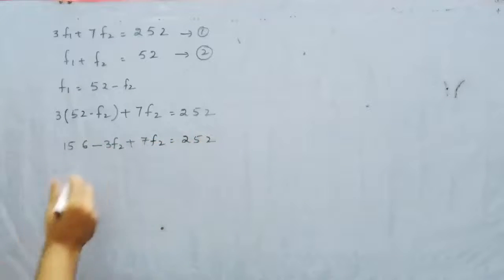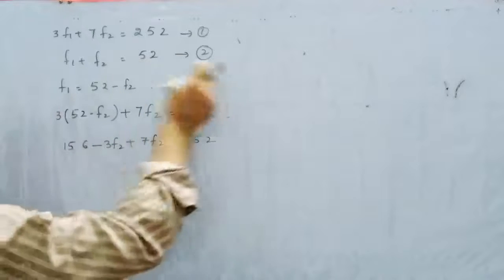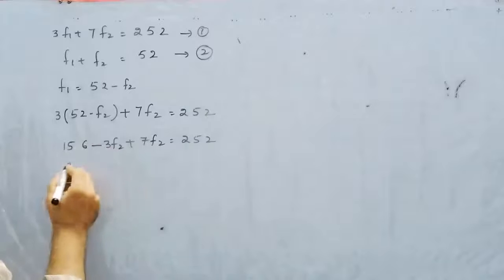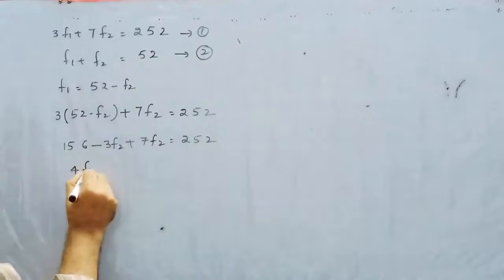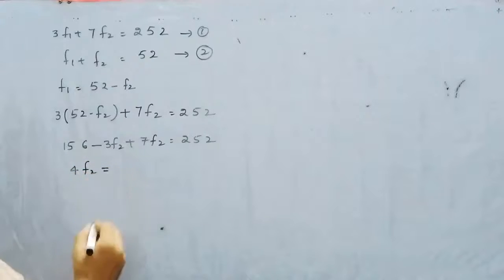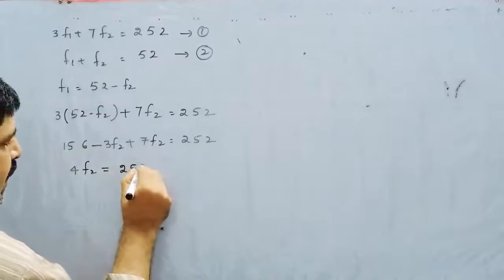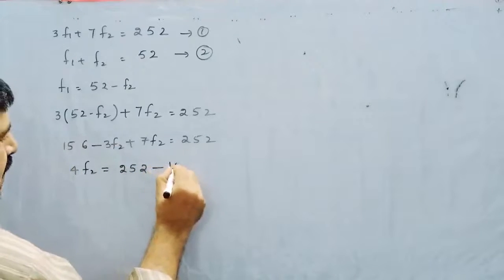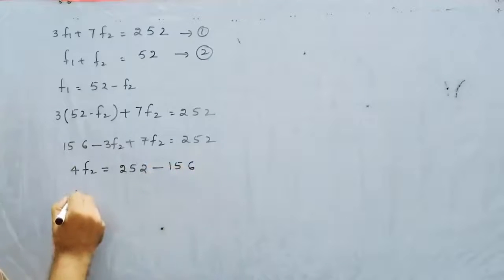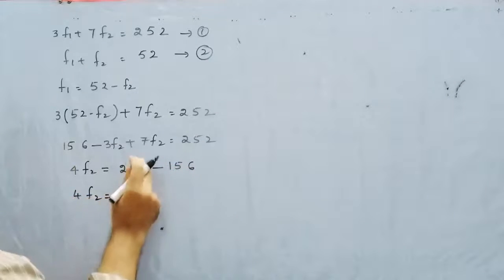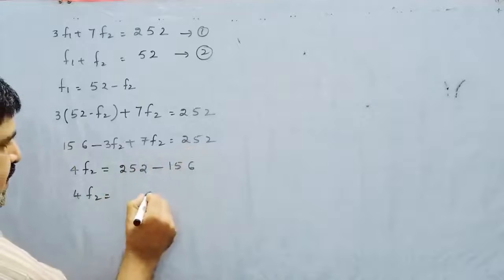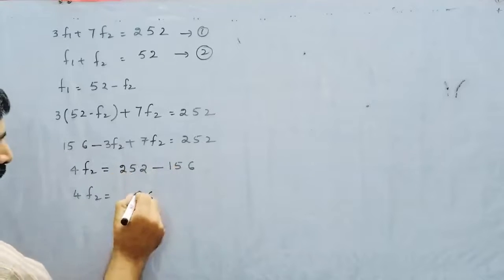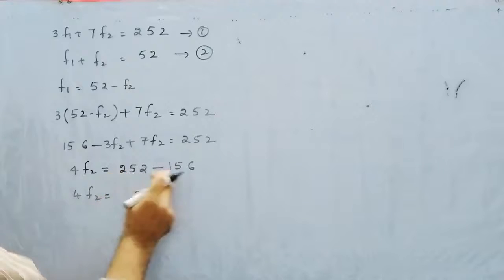Take this 156 to the other side. 7f2 minus 3f2 is 4f2. So 4f2 is equal to 252 minus 156, that is 96.